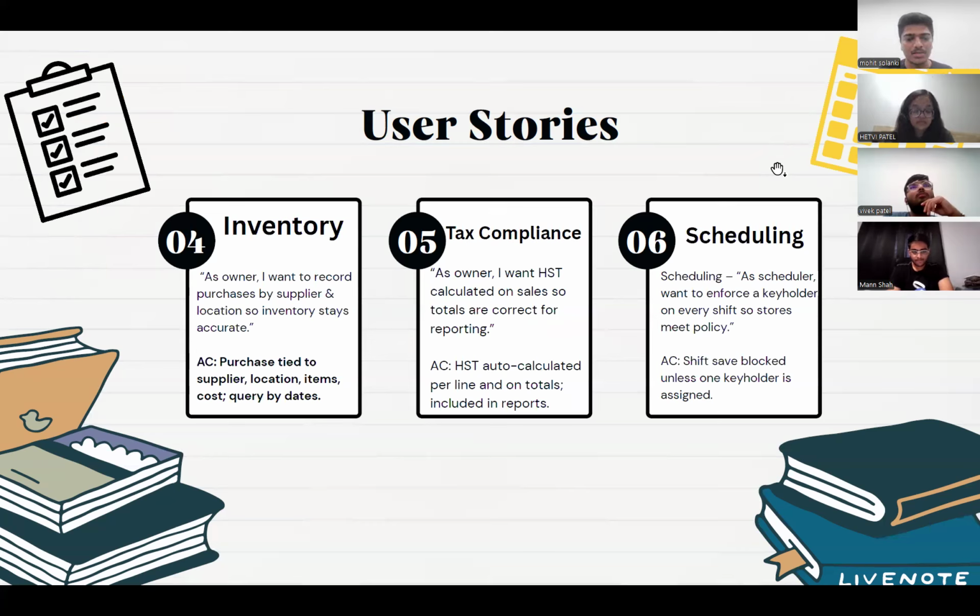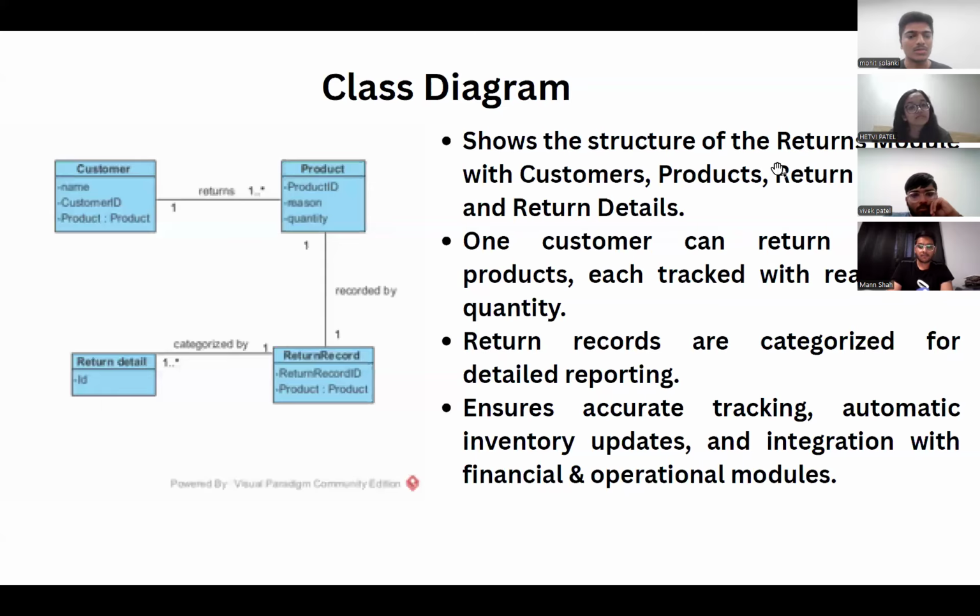For the tax, I want HST calculated on sales, so totals are correct and for reporting. The last one is scheduling. As a scheduler, I want to enforce a key holder on every shift, so stores meet policy. So these are the user stories.